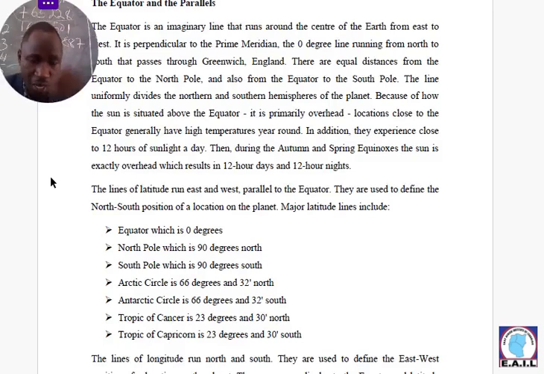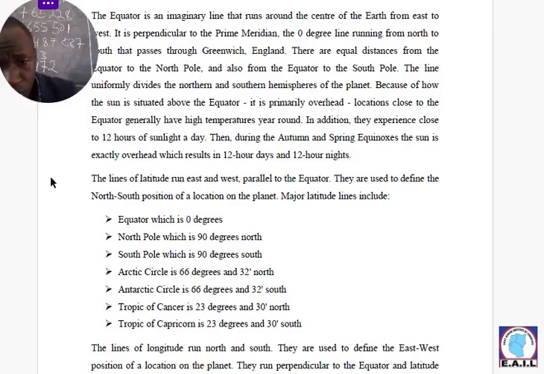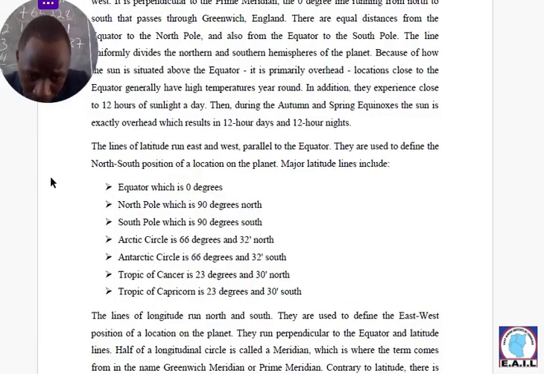Then the Tropic of Cancer, which is 23 degrees 30 minutes north. Then the Tropic of Capricorn, which is 23 degrees 30 minutes south.